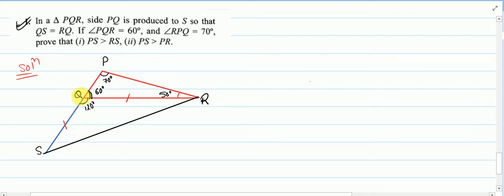Now you can see that PSR is an isosceles triangle because QS is equal to QR. Therefore this angle is equal to this angle. Okay, so let's say this is x, then this will be also x. So you'll get 2x plus 120 is equal to 180. Yes, so you'll get 2x is equal to 60, so x will be equal to 30 degree.